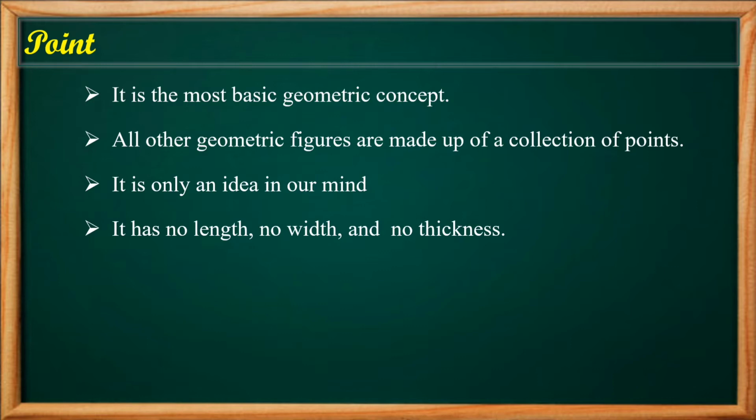Okay, that is only an idea in our mind, kasi nga walang length, walang width, at walang thickness. Okay, it has only location, but no size nor shape. Di ba? Tulad ng sa map natin kanina, may mga dot. Ibig sabihin, it represents the location. That is the point, but no size nor shape.